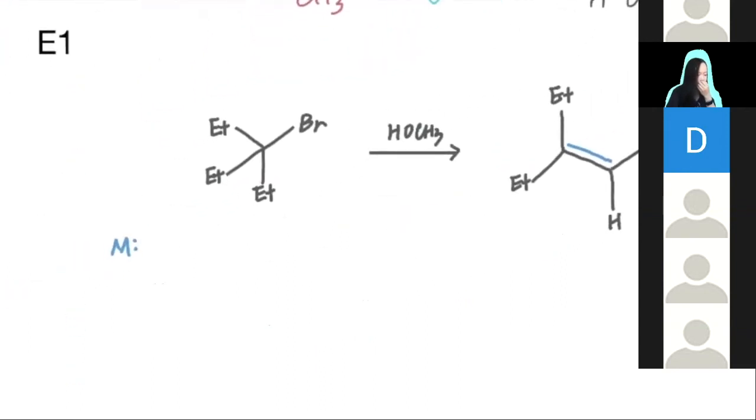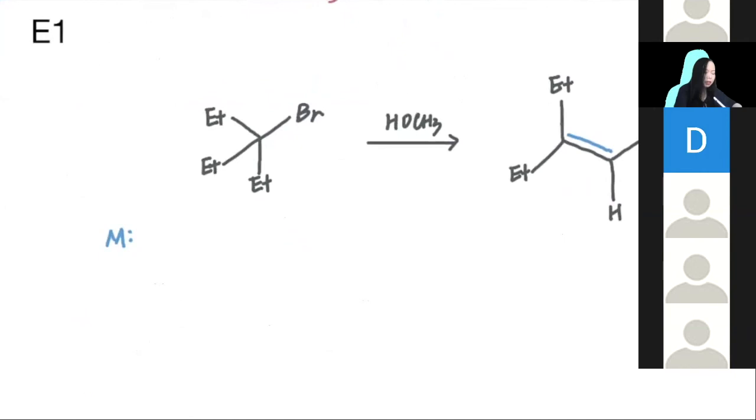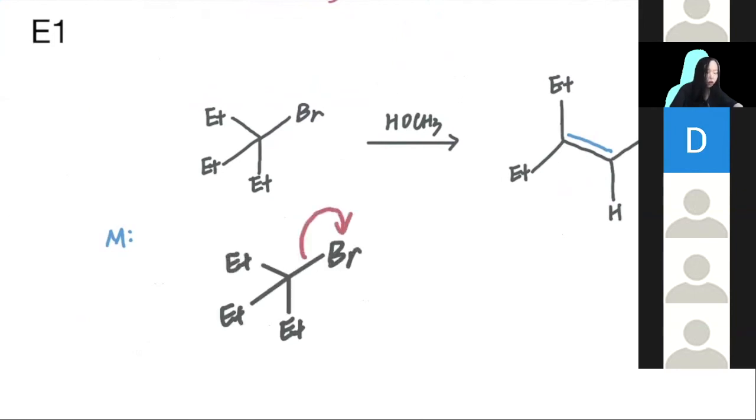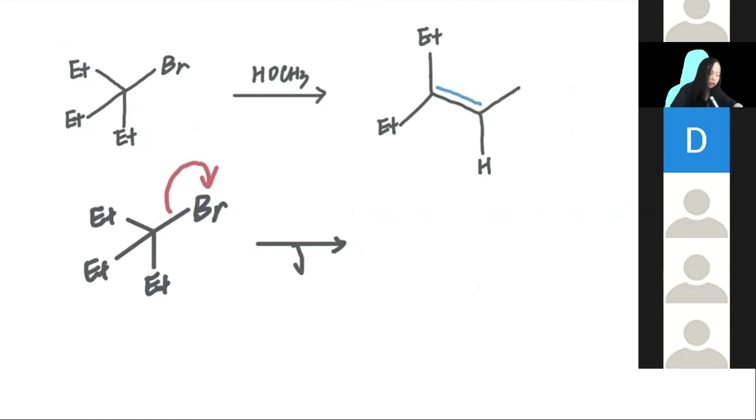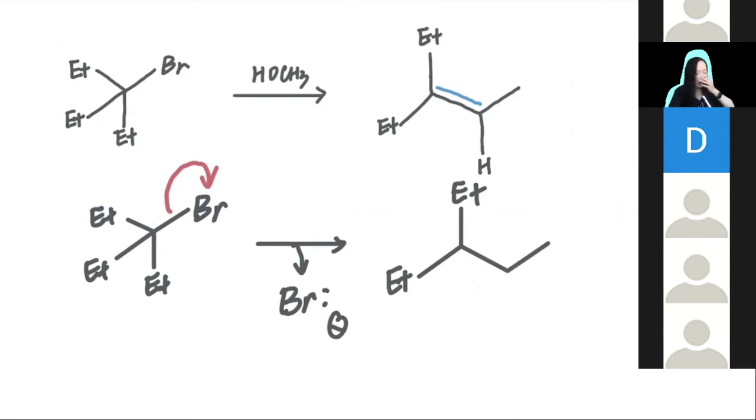E1. The first step of E1 is similar to SN1, and it all requires the leaving group to leave first. So what would happen if my leaving group leaves? Don't forget to write this one, okay? It's going to form a carbocation. I write one of the alkyl groups out because I'm going to use the hydrogen on it. There is a positive charge as well.